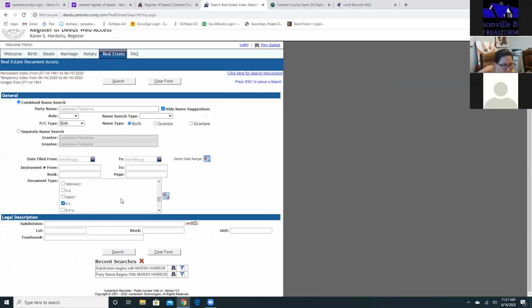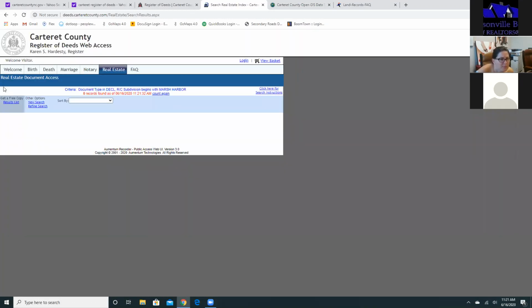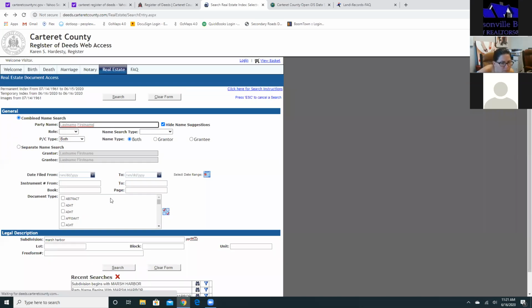They do have restrictive covenants. I don't know if we can do it with both. So let's try. No. Right, so obviously that one doesn't work.